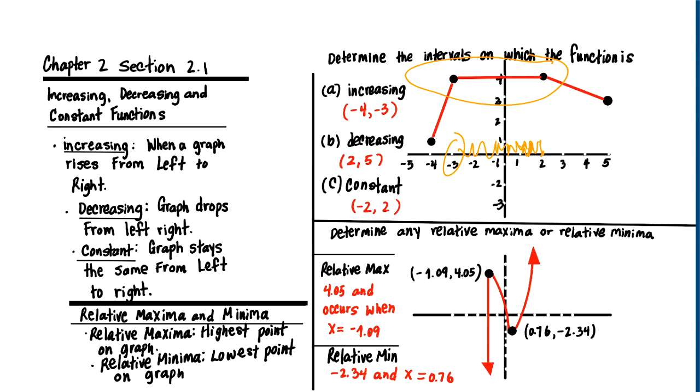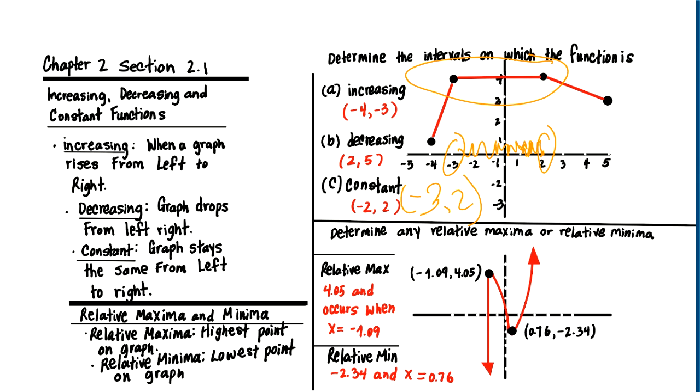Actually, I wrote negative; it should be -3, 2. So my constant interval is -3 to 2. I started here at -3, walked to get some toilet paper because I got the runs, and then now I'm at 2. So that's how you find increasing, decreasing, and constant functions.